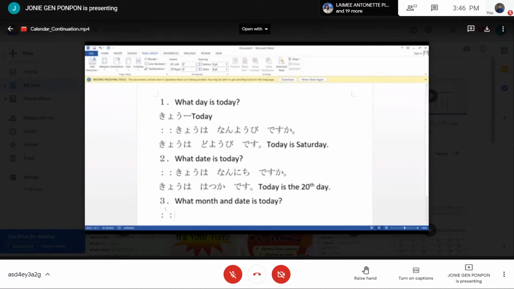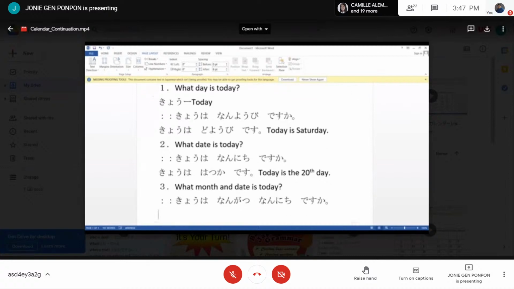Nangatsu, since month is gatsu, the suffix for the months. And then date is nichi. So that will become kyo wa nangatsu nannichi desu ka, the Nihongo for what month and date is today.